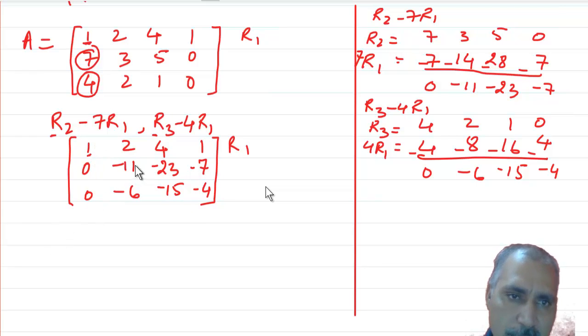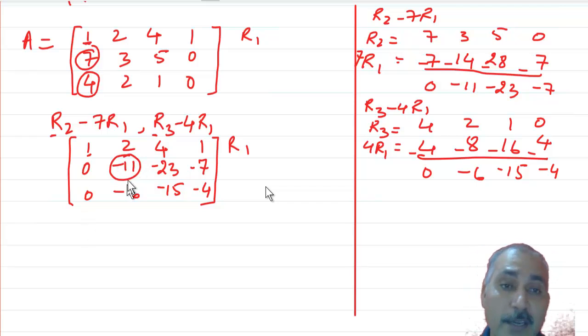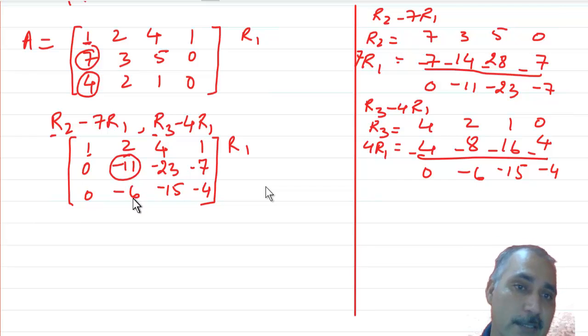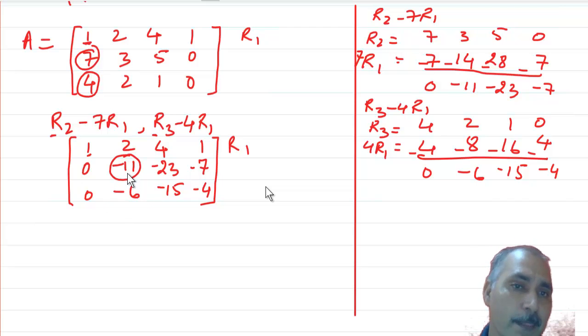Now we will go to the second diagonal element, that is this one. We will try to make this 1. Now this is 11, this is 6. Both are having the same sign. If we can do something to make this 1, this is 11. If we multiply this by 2, it will become 12, and if we subtract that, we will get 12 minus 11, that is 1.